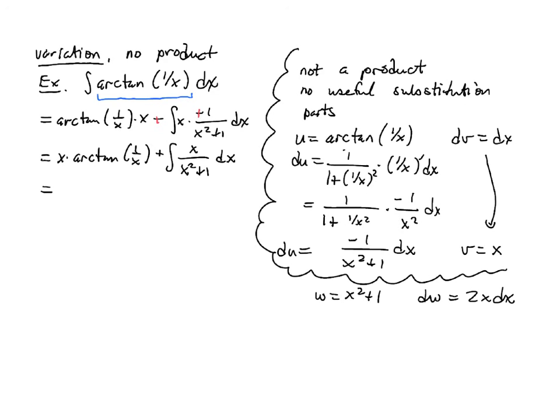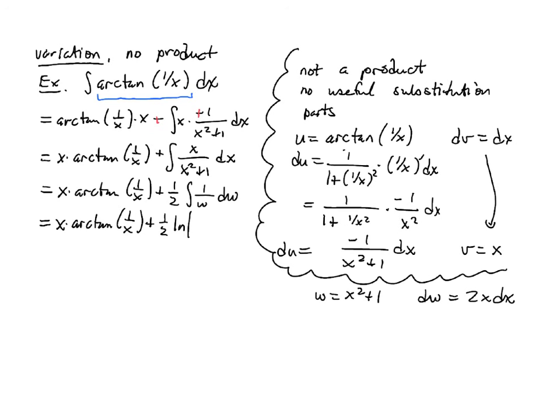Now we can plug that in for the antiderivative that we're trying to compute. So we'll write out the first bit, x times arctan of 1 over x plus, since we have 2x dx, I have a 1 half here, antiderivative of 1 over w dw, and the antiderivative of 1 over w dw is ln absolute value of w, so we end up with x times arctan 1 over x plus 1/2 ln absolute value of x squared plus 1, all plus c.